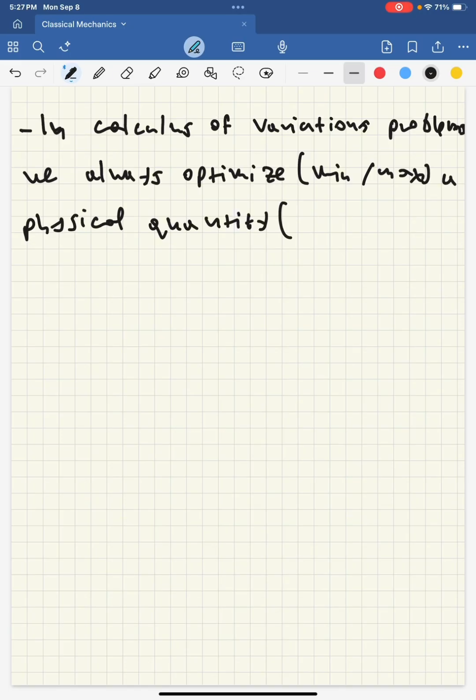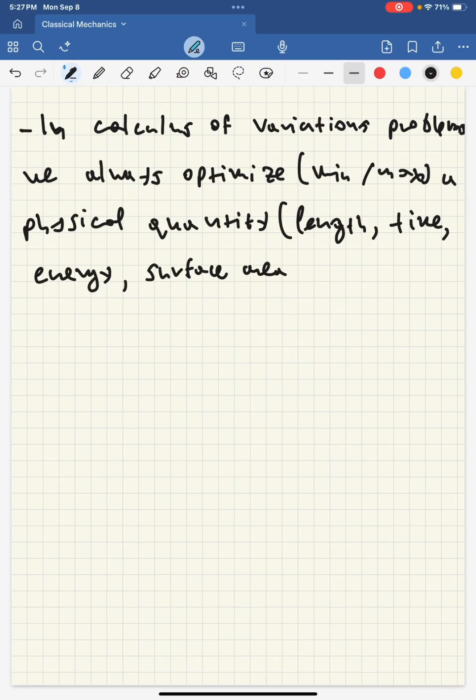This physical quantity is most of the time a length or time, like in our case, maybe energy, surface area, etc. So we need to find the minimum or maximum time needed to traverse a path, energy needed to traverse a path, and so on.